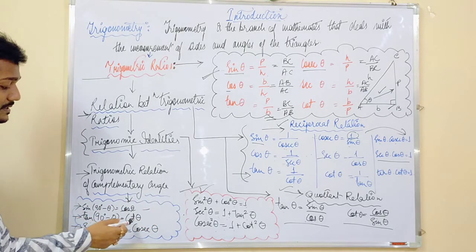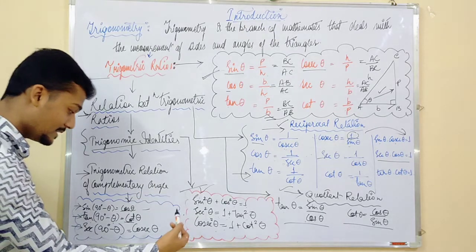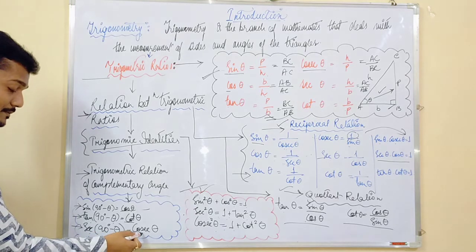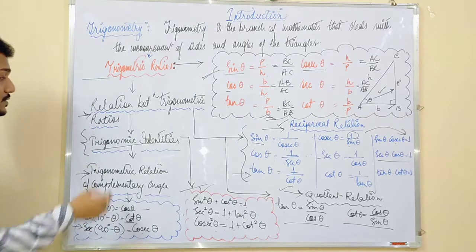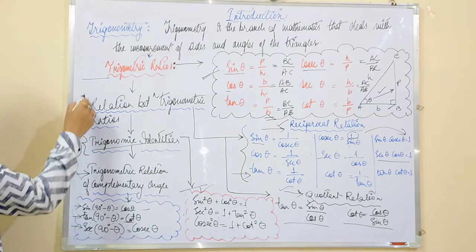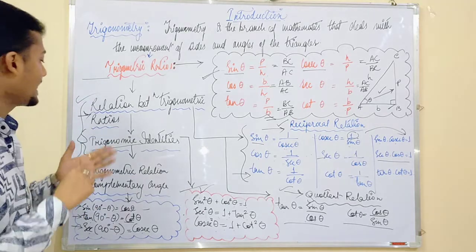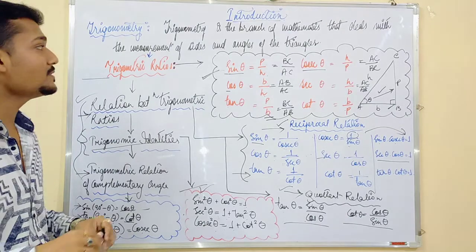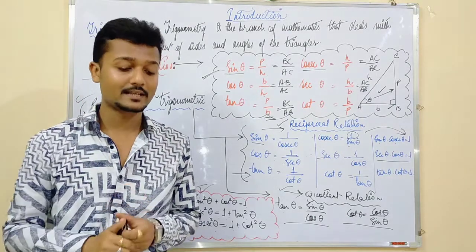Tan of 90 degree minus theta is equal to cot theta. That means cot of 90 degree minus theta will be equal to tan theta. Sec of 90 degree minus theta is equal to cosec theta. That means cosec of 90 degree minus theta is equal to sec theta. So these are the various trigonometric identities and trigonometric relations between the complementary angles and various ratios that we have seen today.